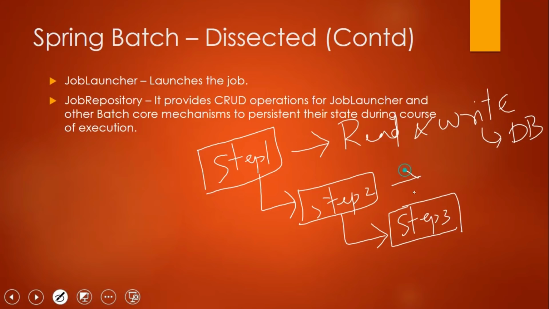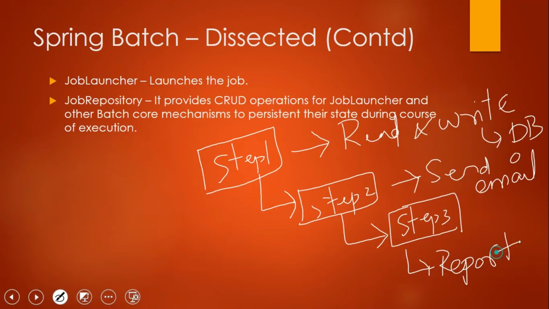Step 2 is just going to send an email. And step 3 is just going to send a report extracted from the DB. If you want to configure steps like this, you have to configure it inside the job. That is a different part of learning, so we don't have to concentrate on that.